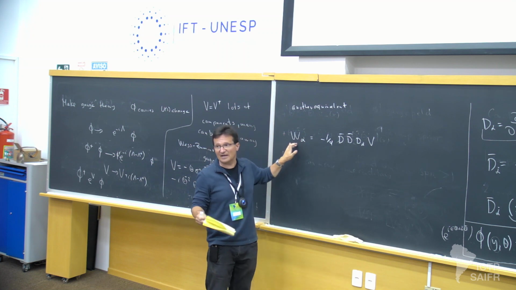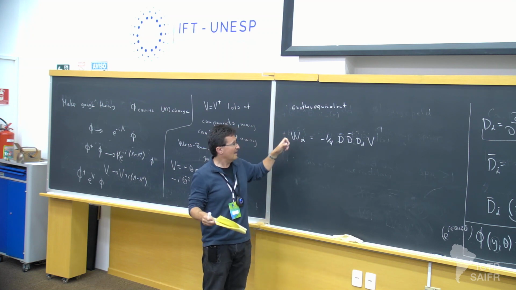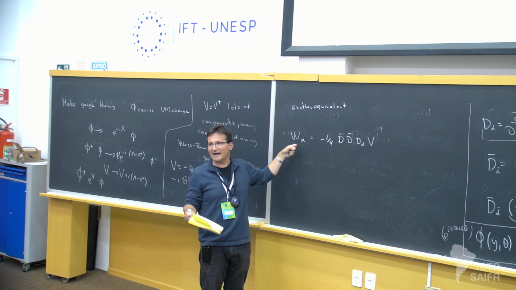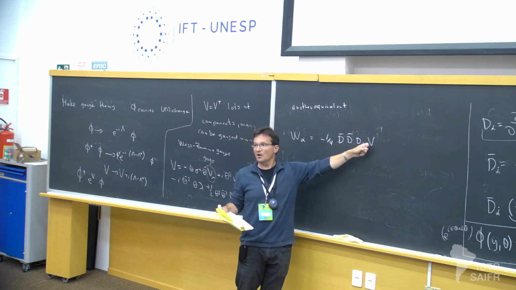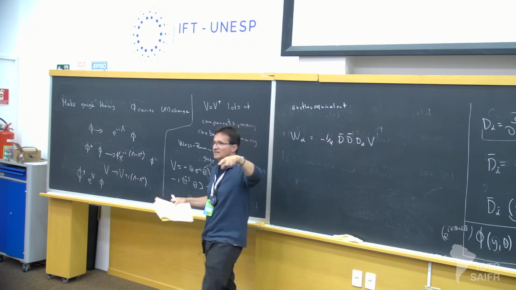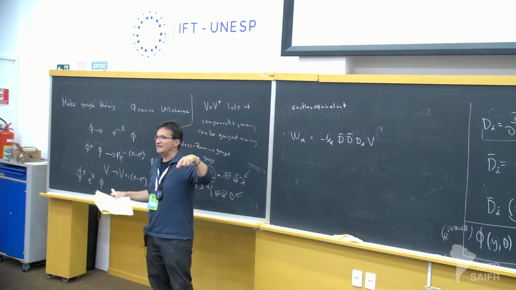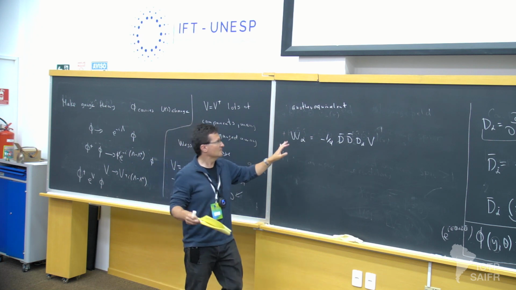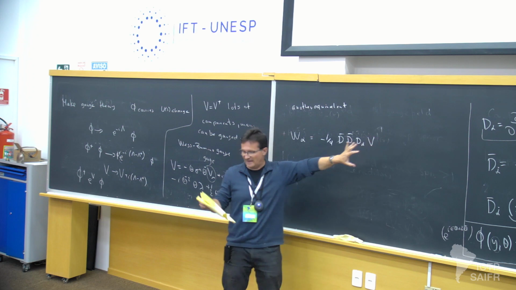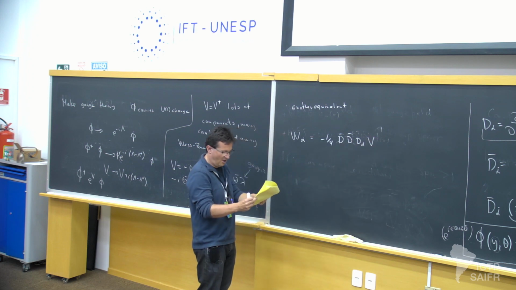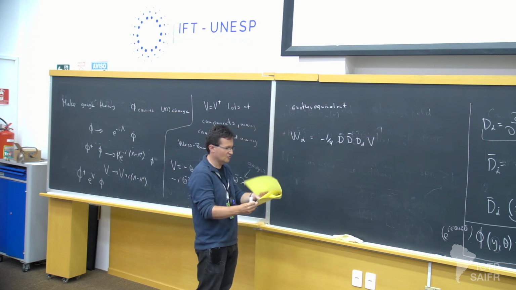Why is this sometimes more useful? Well, because this one actually is a chiral superfield. Because you see, I acted already with two D bars on something. So if I act with a third D bar, this is going to be vanishing. Okay, so it's actually a chiral superfield that has the same matter content as the vector superfield, and often it's slightly more useful.